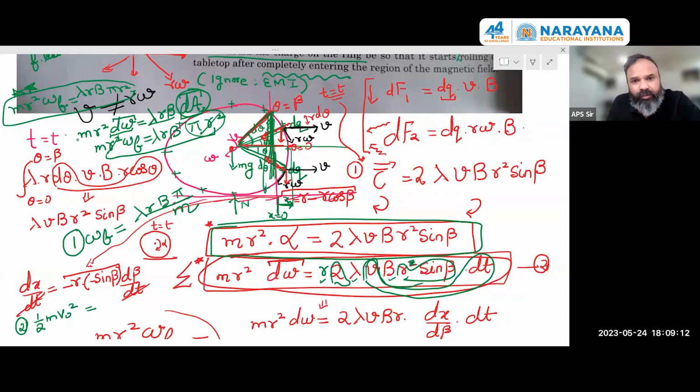And I can use the concept of ICOR at that point of time. So I can say it is half I about ICOR, m r square plus m r square. It is 2m r square omega final square. So r square into omega final square, and omega final is lambda R B pi by m, the whole square.